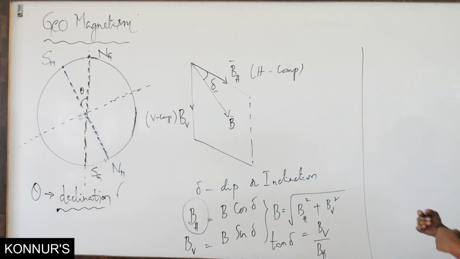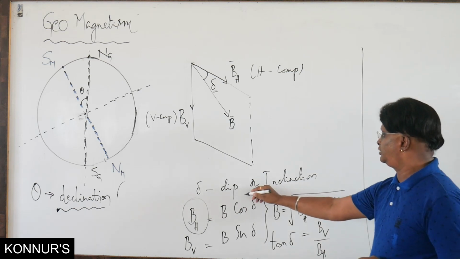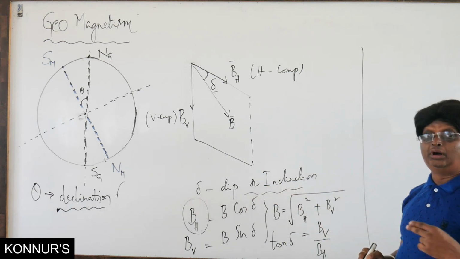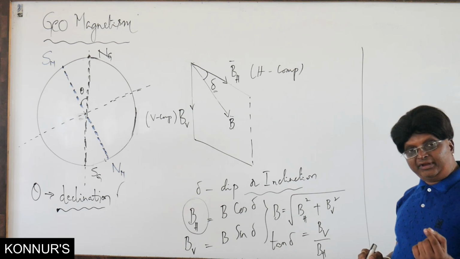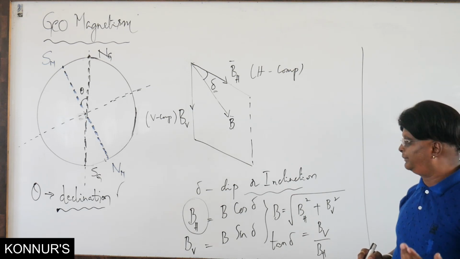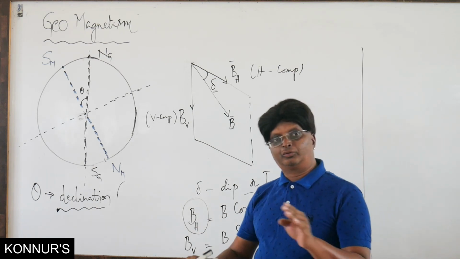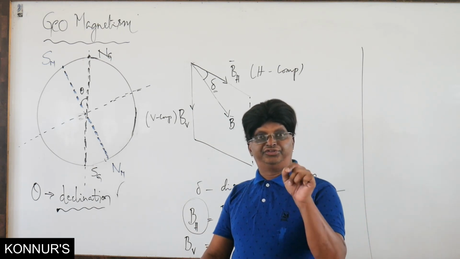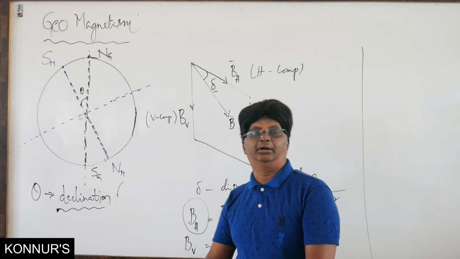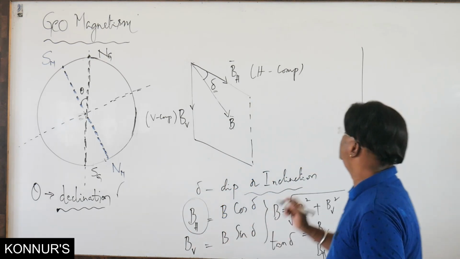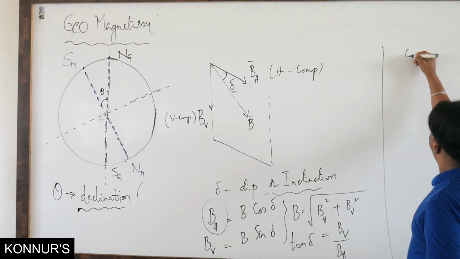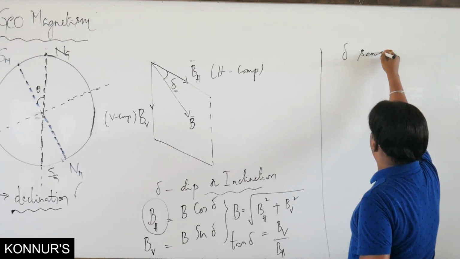Now, again with respect to this dip or inclination, two or three important definitions with respect to magnetic maps. Earlier we said same declination, of course not being 0, isogonic. Same declination 0, that is what is called agonic. Similarly here, delta same dip.